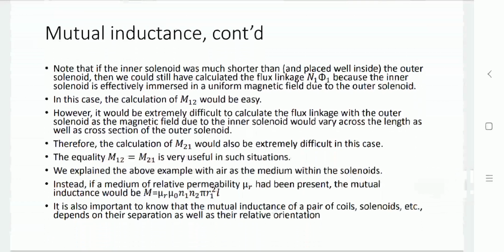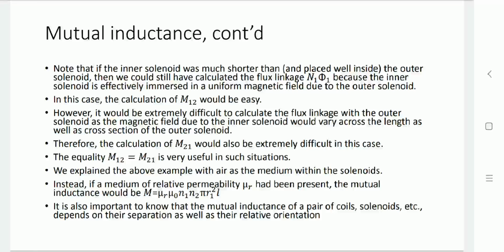Here we have defined that if the inner solenoid is much shorter than the outer solenoid, we can still calculate the flux linkage phi 1 N1, because the inner solenoid is effectively immersed in a uniform magnetic field due to the outer solenoid.